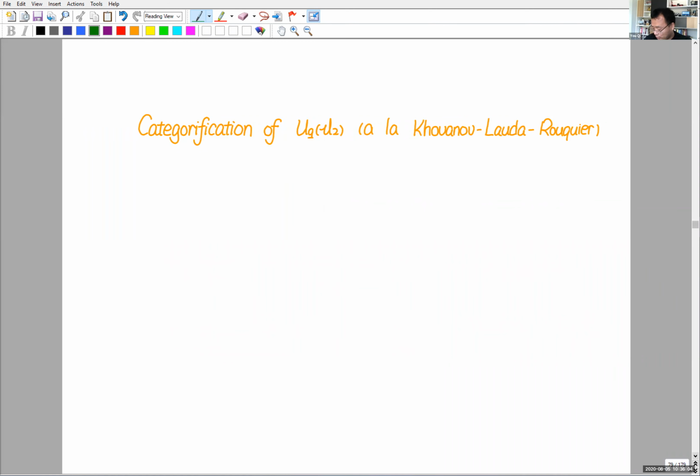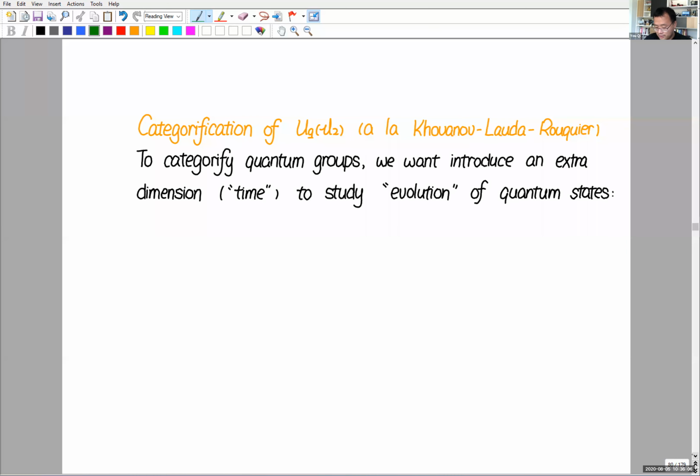So when you try to categorify them, you want to introduce an extra dimension into the story. So to categorify quantum groups, we want to introduce the so-called time dimension to study the evolution of these quantum states. Okay, so instead of talking about these commutator relations, you should say how does one side of the equation, like EF equals FE plus quantum lambda times identity of lambda, evolve from the left-hand side into the right-hand side.